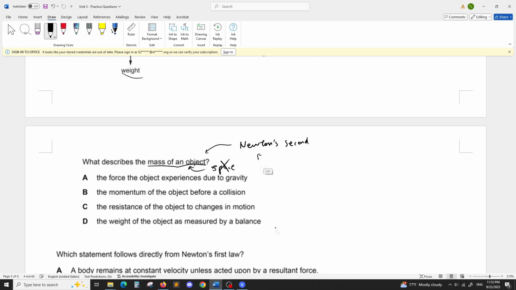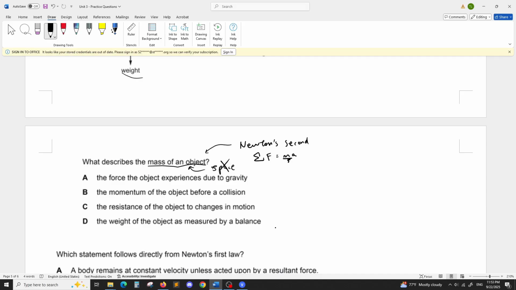So it just describes how the resultant force will, every object has inertia basically. And this inertia is actually based on the mass of the object because, for example, if you try to push one of your friends, they'll obviously move, but if you try to push a giant boulder, the boulder is much more massive than your friend.